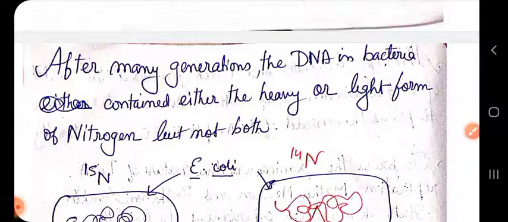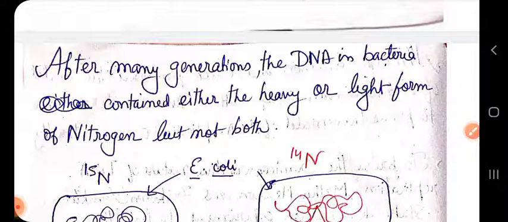After growing this E. coli bacteria for many generations, for 1 day or 1.5 days, the DNA in the bacteria contains either the heavy isotope of nitrogen or the light form of nitrogen. As they used the medium as the source, the E. coli bacteria get the nutrients from their respective medium, and in one of the culture media we have used the heavy isotope of nitrogen.